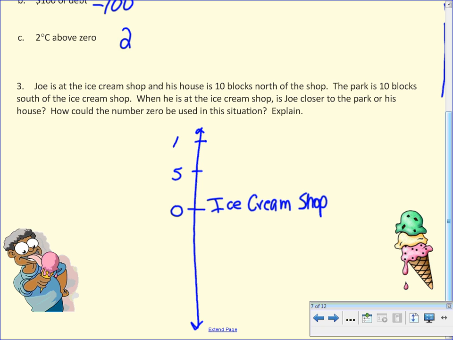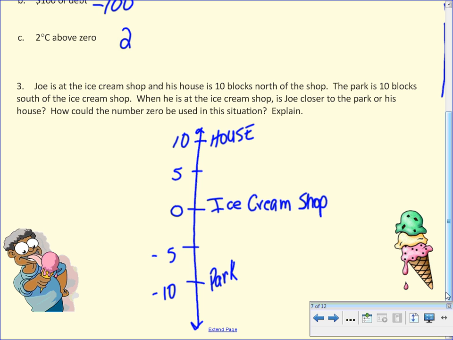Now, 10 blocks north would be positive, his house. And then 10 blocks south is the park. So now, if Joe is at the ice cream shop, what would be closer?